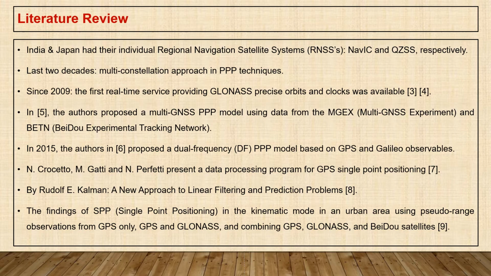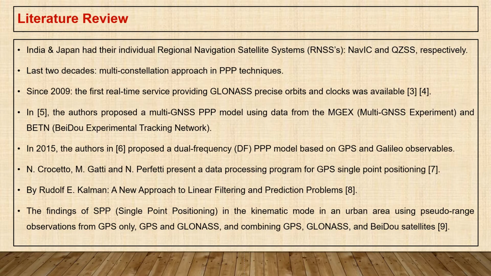Different authors proposed a multi-GNSS triple P model using data from the MGEX, that is, the multi-GNSS experiment, and the BETN, that is, the Beidou Experimental Tracking Network. This involved China, Japan, Russia; every satellite and every system was identified, merged, and combined in order to find an optimized way for the multi-constellation approach in the triple P techniques.